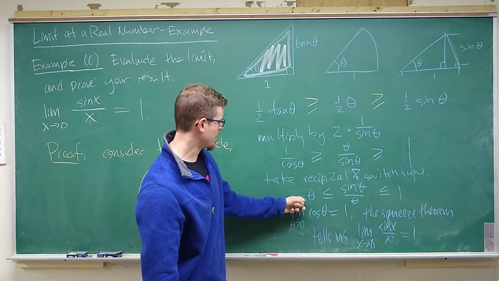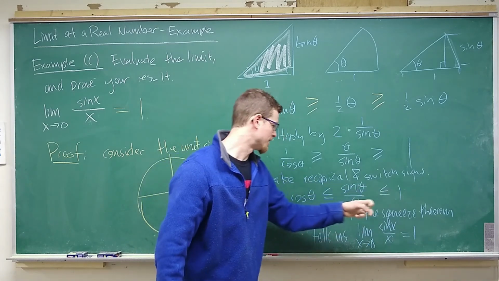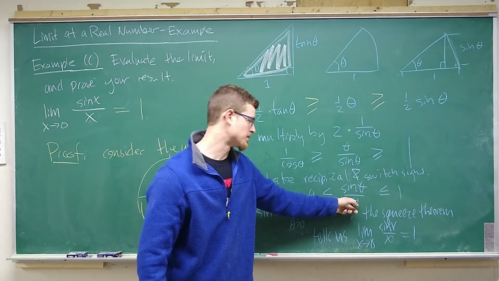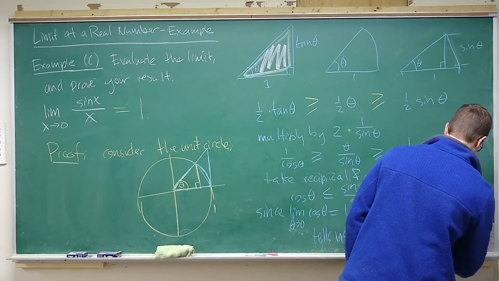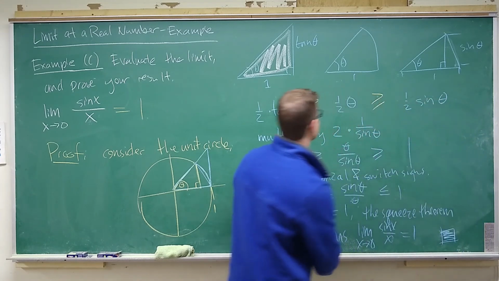Okay, this value is 1, that value is 1. Squeeze theorem says that this must be 1. And that's what we wanted to show. So it is the end of our proof.